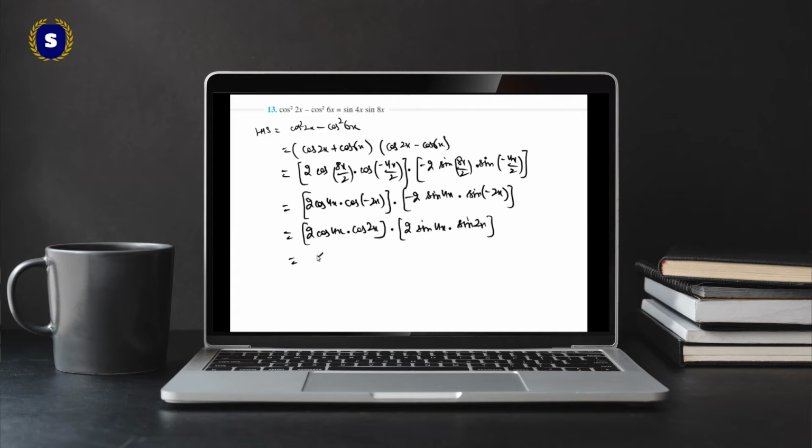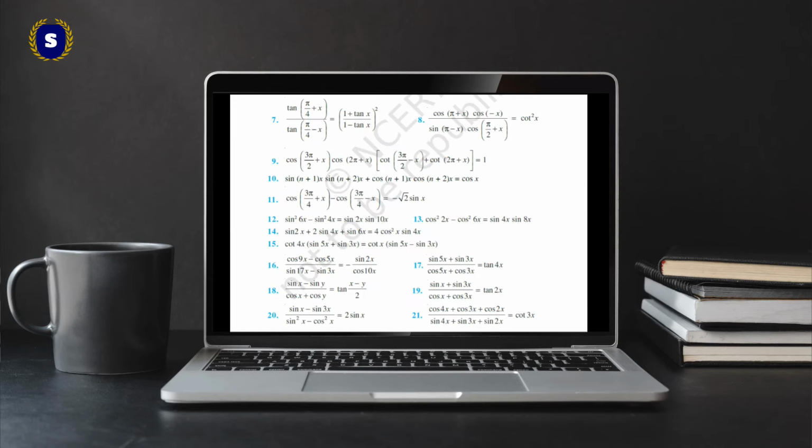Same thing, we'll rearrange them so that 4x terms come together and 2x terms come together. So 2 sine theta cos theta is sine 2 theta, that means sine 8x, and here it will become sine 4x, which is equal to RHS. Hence proved. Let us jump to the next question, that is question number 14.